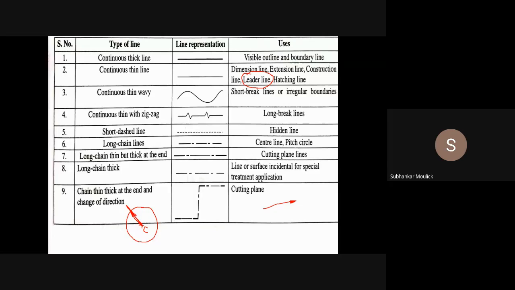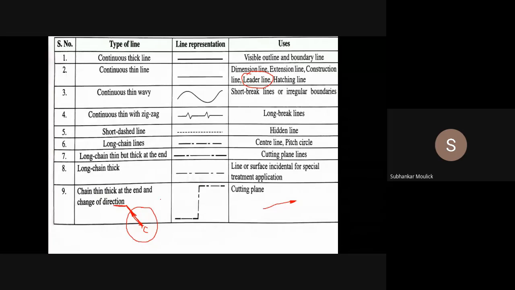From this end point, draw a horizontal line parallel to the x-axis to somewhat length. Again, this horizontal length should not be more than 2 centimeter.